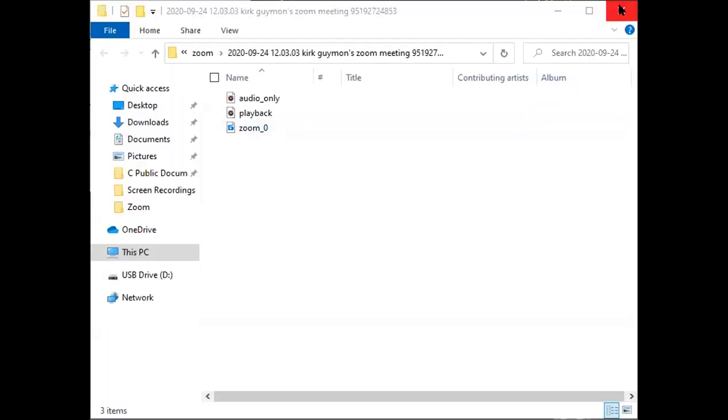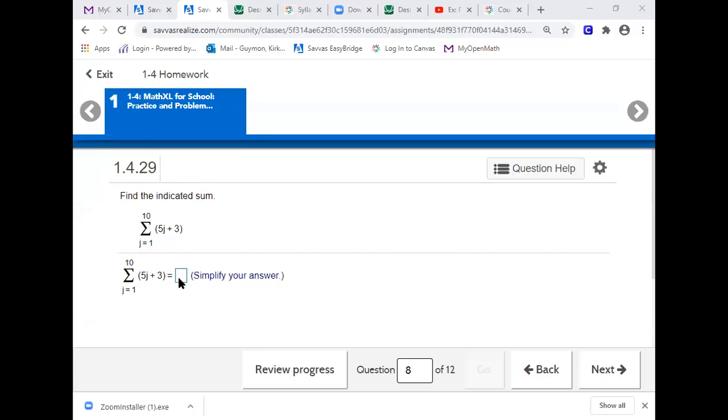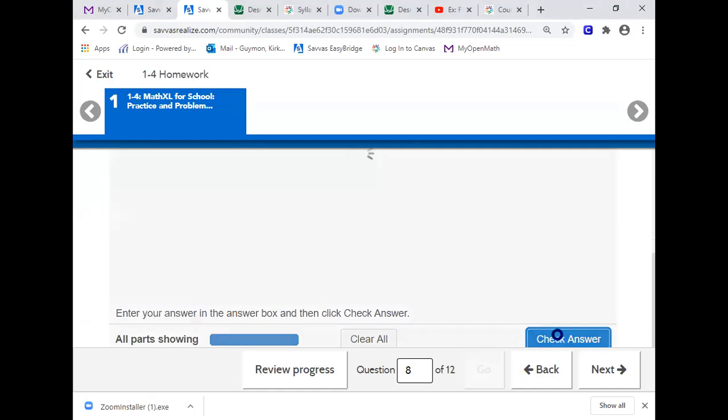Nope. Let me find another screen to share. Is it this one? There it is. But now I forgot what my number was. Did I say 305? 305. Scroll down. Check it.